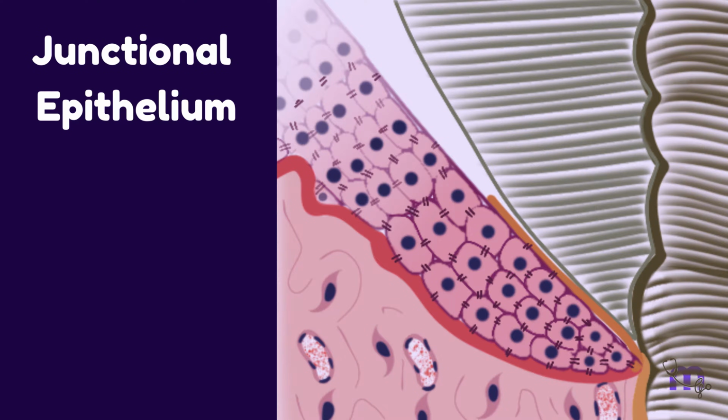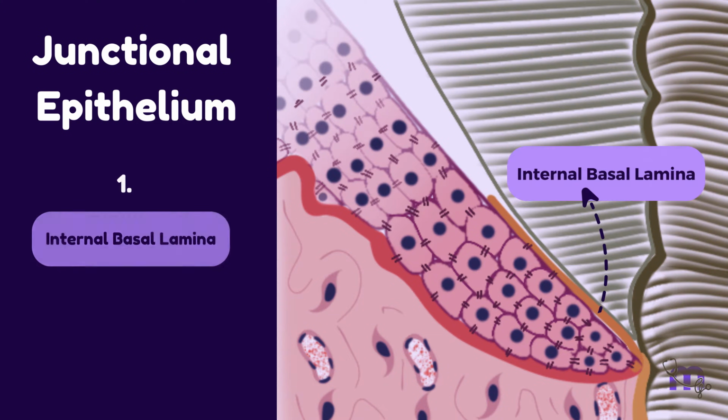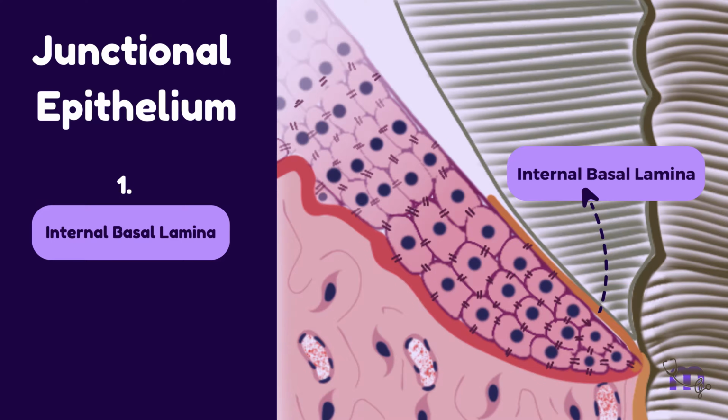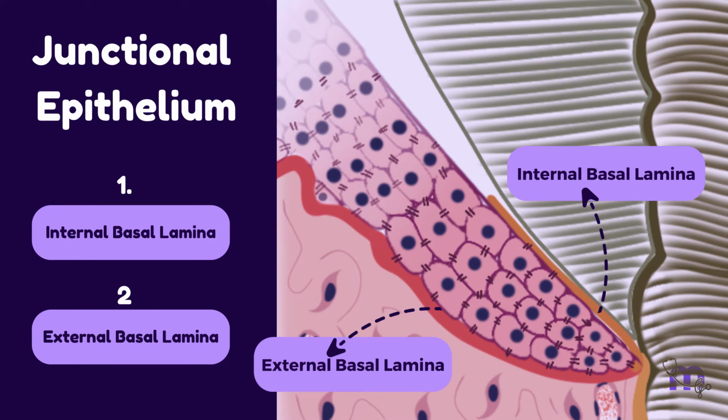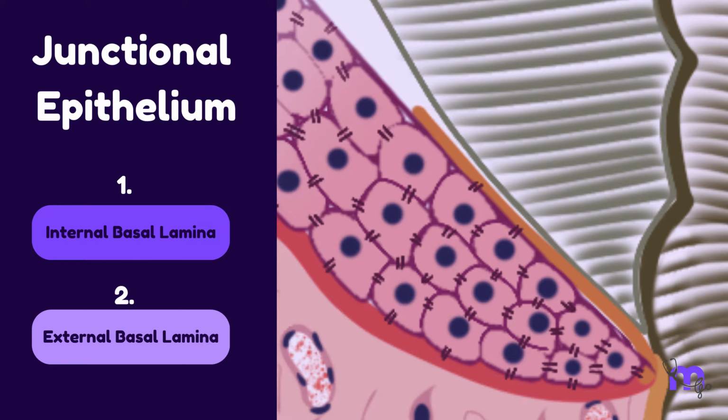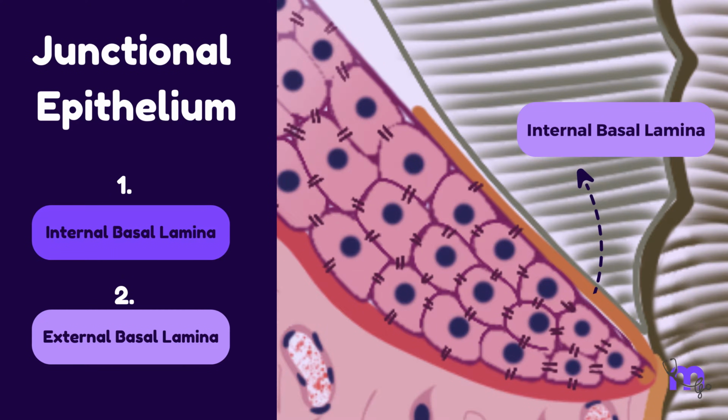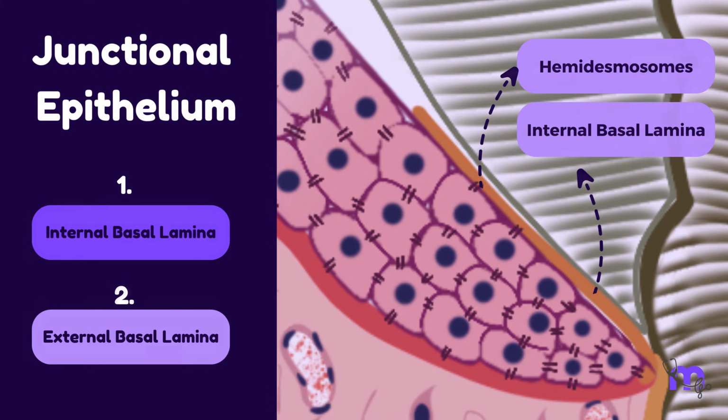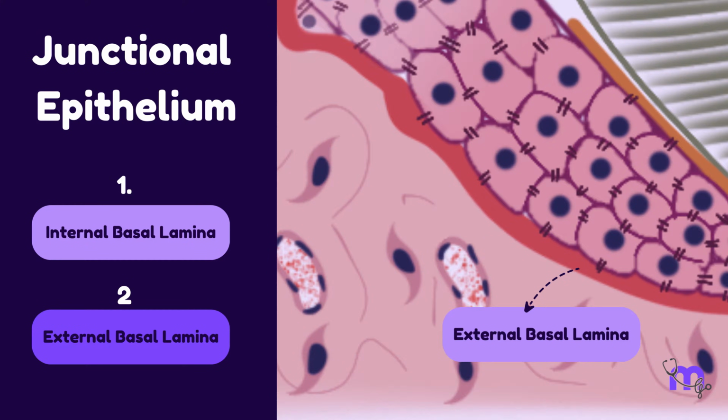Junctional epithelium has 2 layers: an internal basal lamina and an external basal lamina. While the internal basal lamina is formed by the junctional epithelial cells attached to the tooth via hemidesmosomes, the external basal lamina connects the basal layer to the underlying connective tissue.